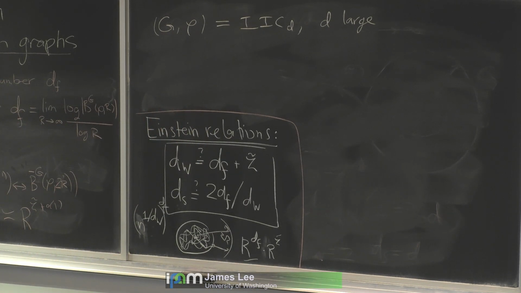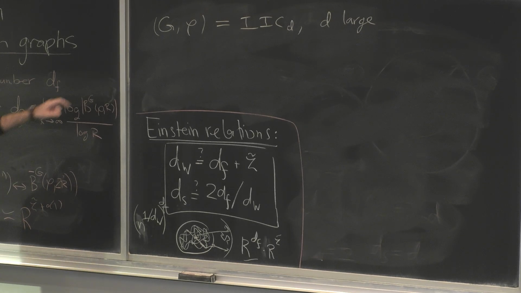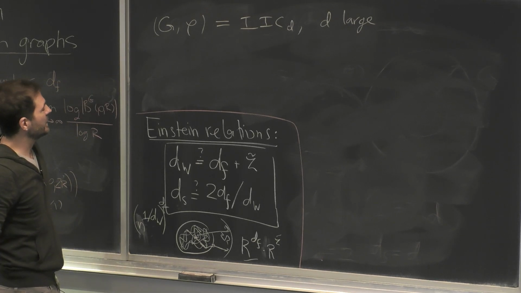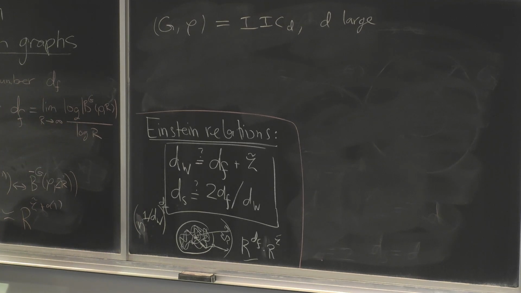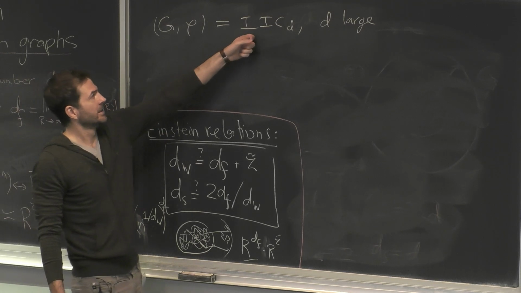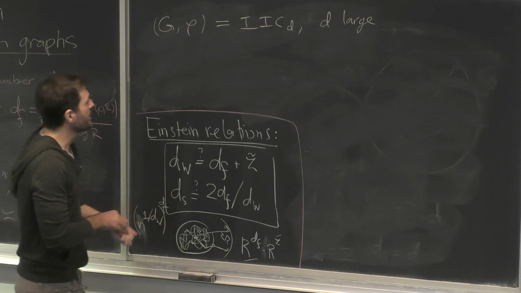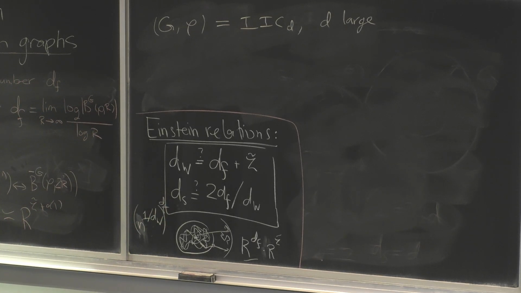D large means D bigger than 13, or D bigger than 11 if some expert knows better than I do. Large enough so that there are lace expansion techniques that kick in and you can actually prove that something like the IIC exists.